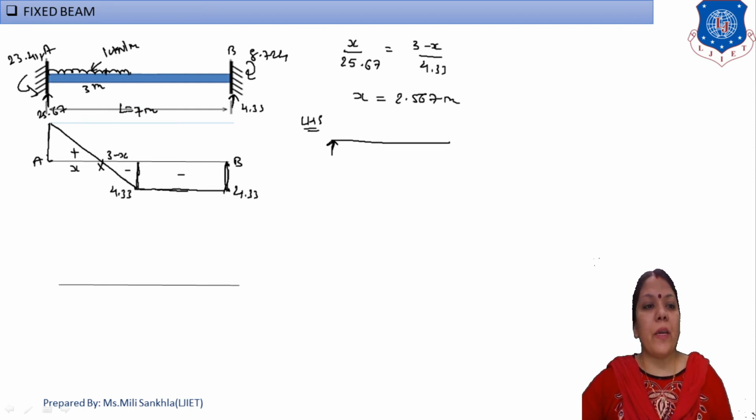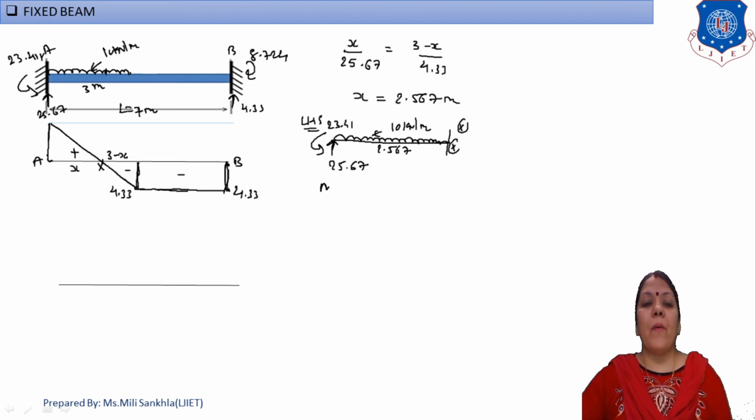At this point we get 25.67 and the given UDL also. To find the maximum moment, this distance is 2.567, the moment given is 23.41, and the UDL load is given as 10 kilonewton per meter.